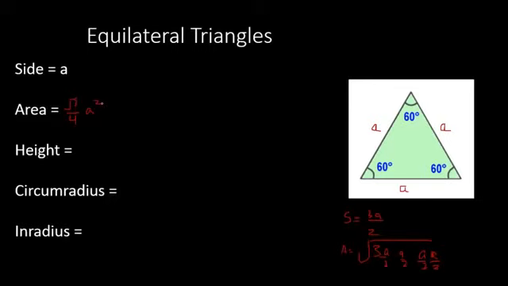Alright, now if I equate this area to half into base, now what is the base? Base is A, into the height of the equilateral triangle, which would be this height over here, the perpendicular distance. That will give me the height to be root 3 by 2 a.